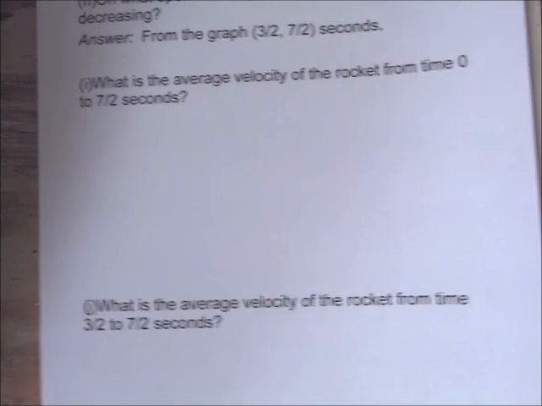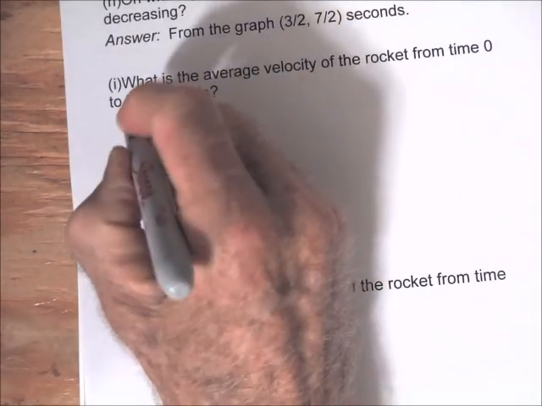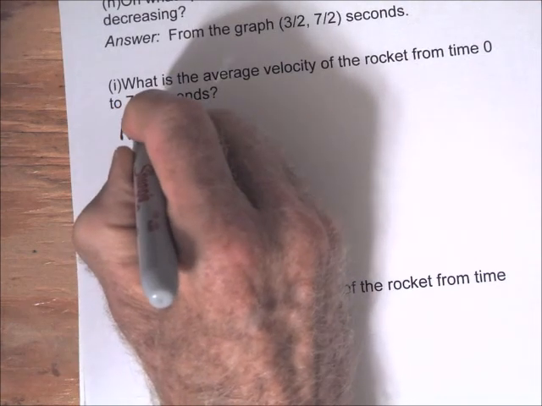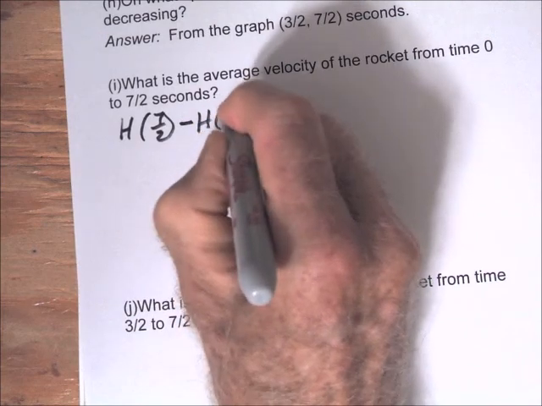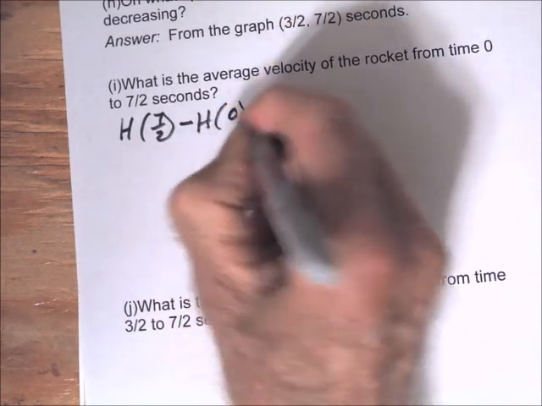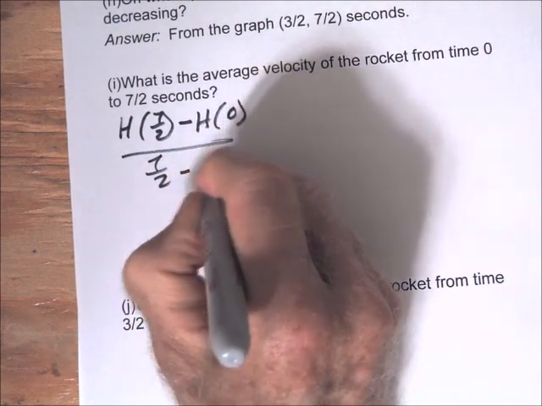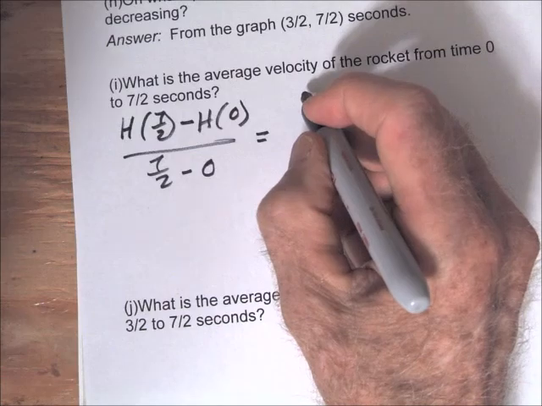Or in terms of h and t, it's going to be h of 7/2 minus h of 0 over 7/2 minus 0. So this h of 7/2, we already computed that.